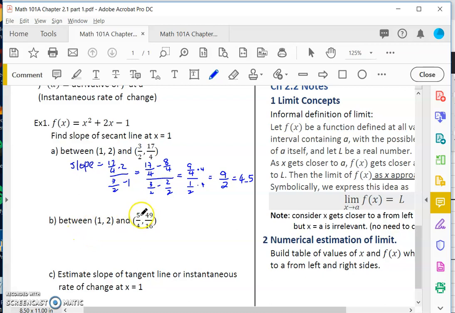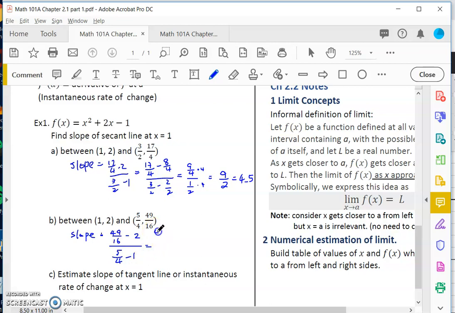What happens if I move the point closer and closer? Instead of 1.5, I do 1.25, right? So the secant line slope would be equal to 49 over 16, which is f of 5 over 4, minus 2, over 5 over 4 minus 1.